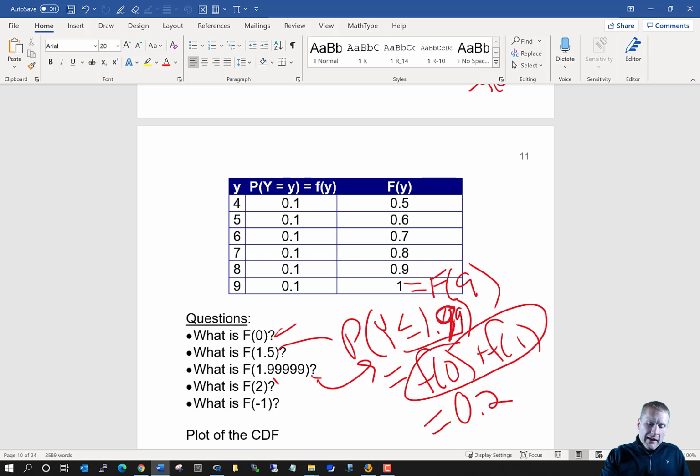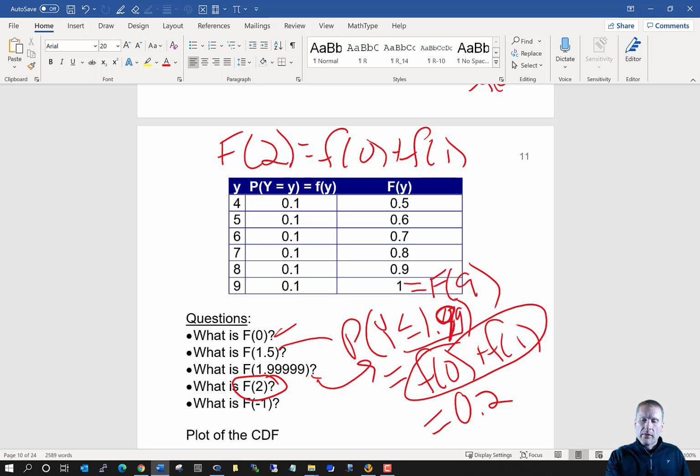But once I get to this capital F of 2, now I can have a possible value of 2 when I'm drawing these slips of paper from my hat. So capital F of 2 then is f of 0 plus f of 1 plus little f of 2. In other words, 0.3.